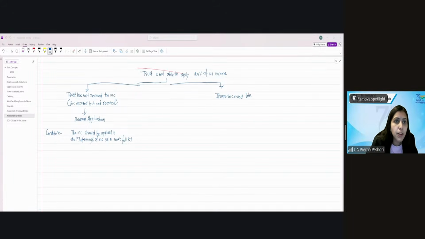So let's say, for example, if in previous year 25-26 you have not received, this should be applied maximum in the previous year when it is received, 26-27, or in previous year 27-28.